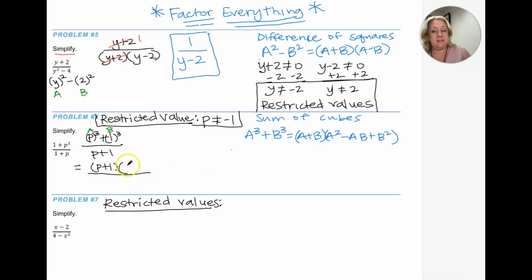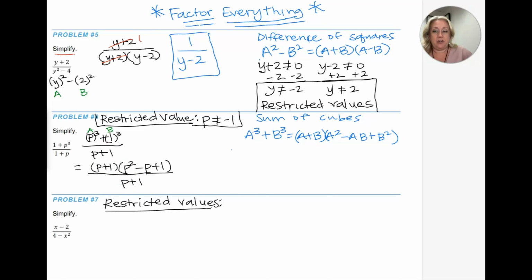Then in the second factor, I'm going to take our p and square it, multiply that a and b together and change the sign, so that would give us minus p, and then take that b term and square it. 1 squared is 1. And then on the bottom, we still have p plus 1.